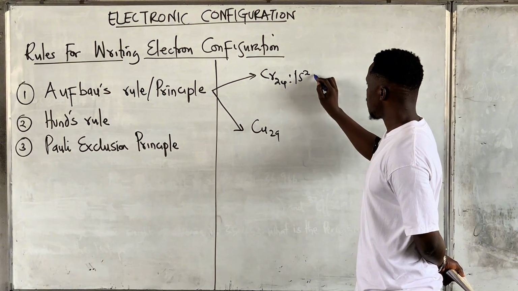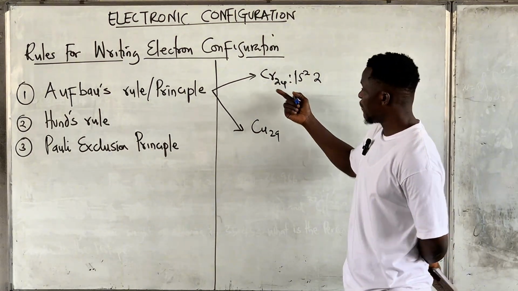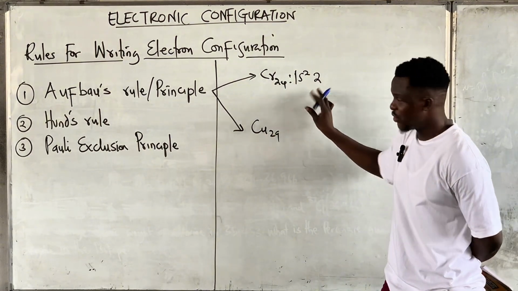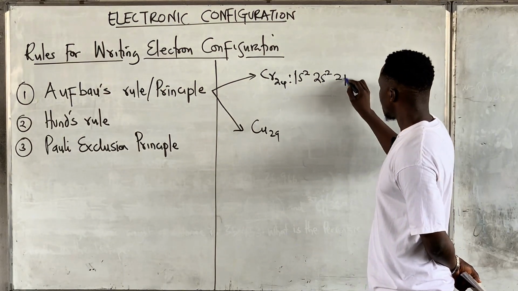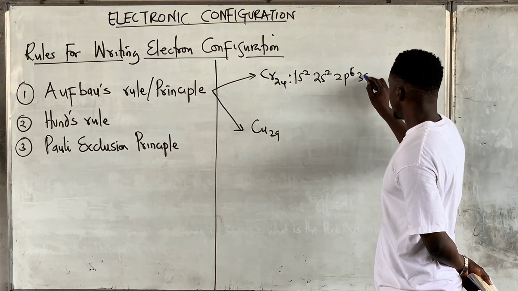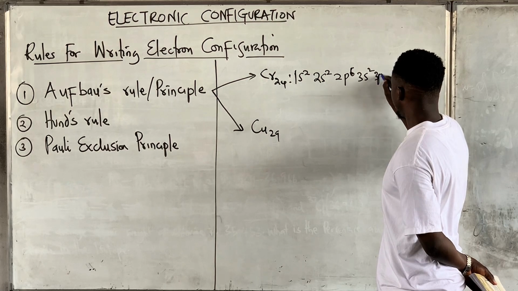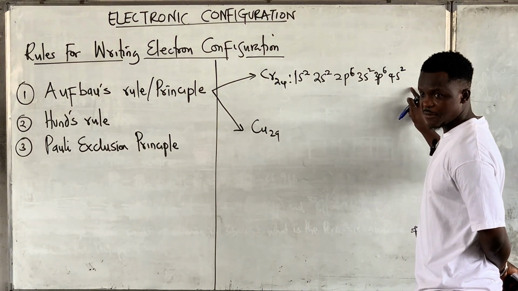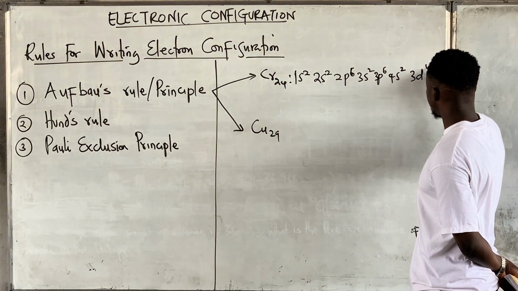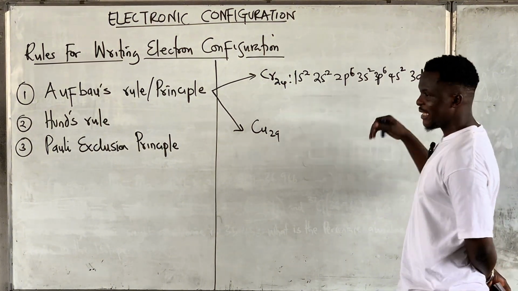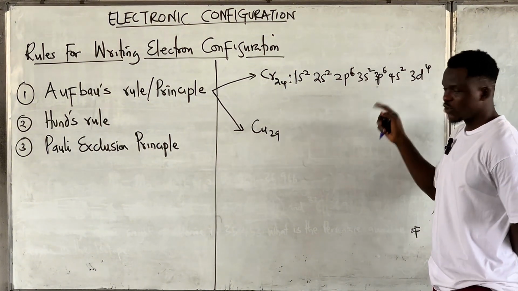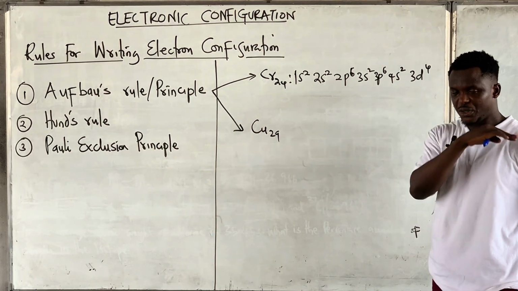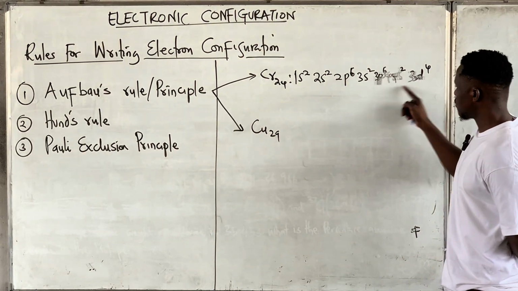Please pardon me. After that, I'm going to teach us how to write electronic configuration. We have 1s2, 2s2, 2p6, 3s2, 3p6, 4s. It's supposed to be 4s2, right? This is how it's supposed to look. The 3d is presumed to have a higher energy than 4s, so according to the principle of writing electronic configuration, 3d always comes after this.